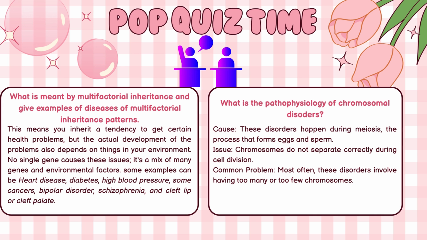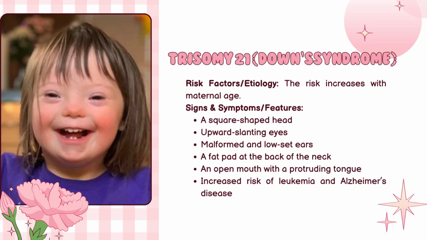These disorders happen during meiosis, the process that forms eggs and sperm. The issue sometimes is that chromosomes do not separate correctly during cell division. Most often, these disorders involve having too many or too few chromosomes. I feel like the main chromosomal disorder that everybody knows is Down syndrome, which is also known as trisomy 21.